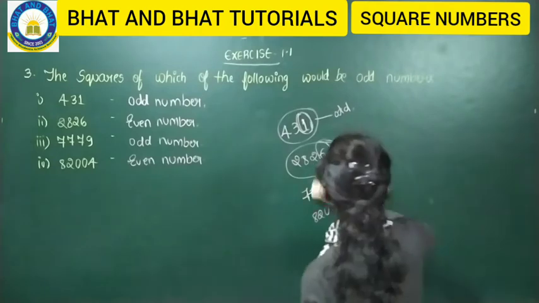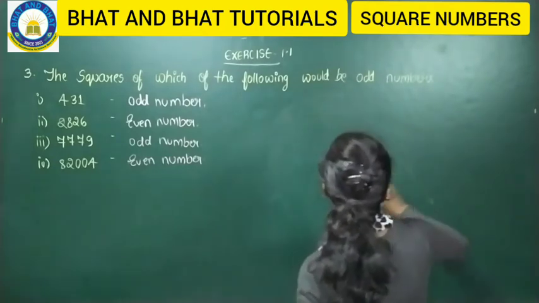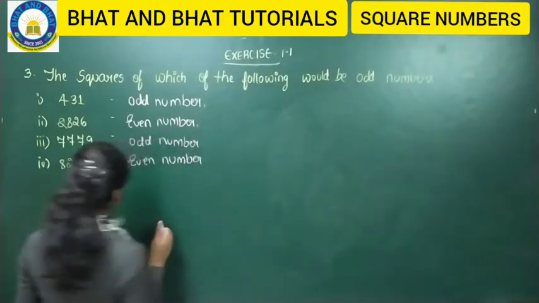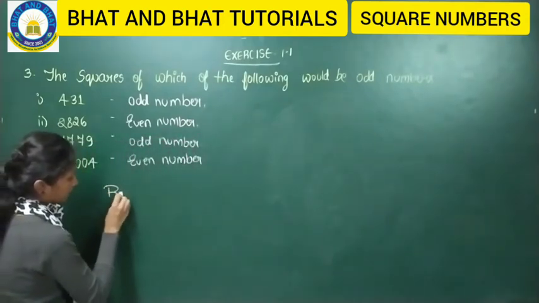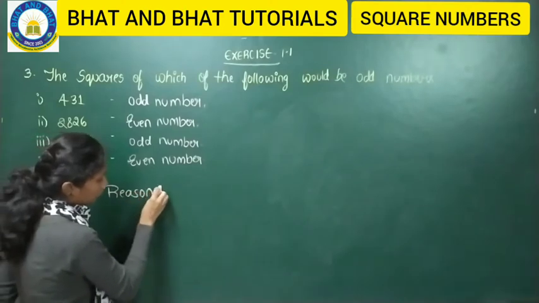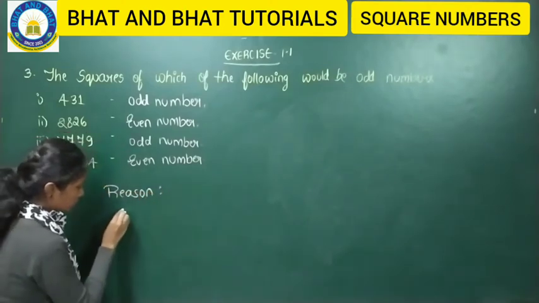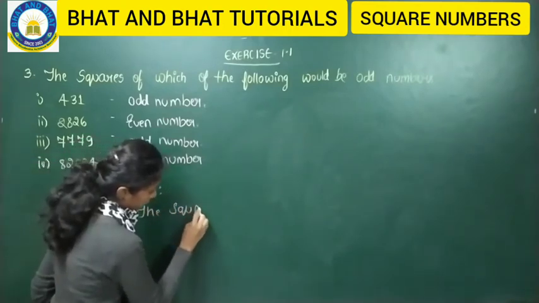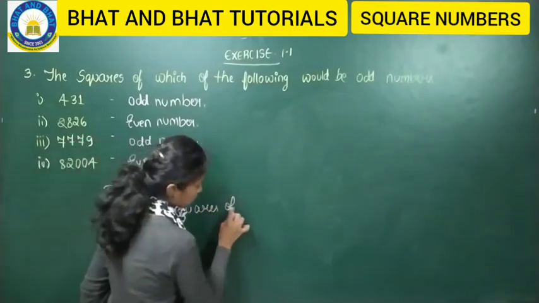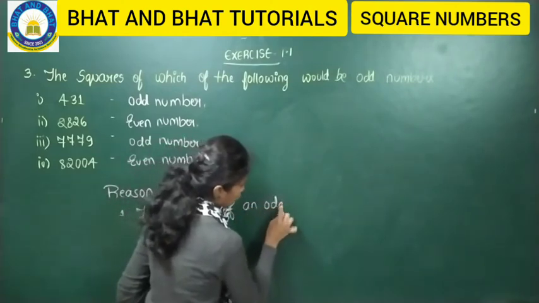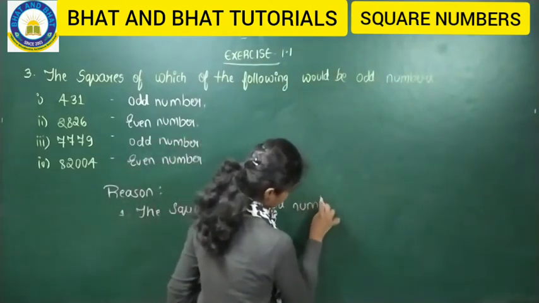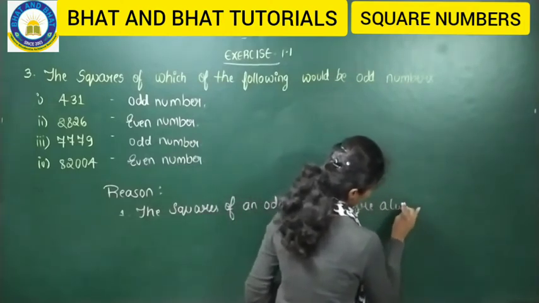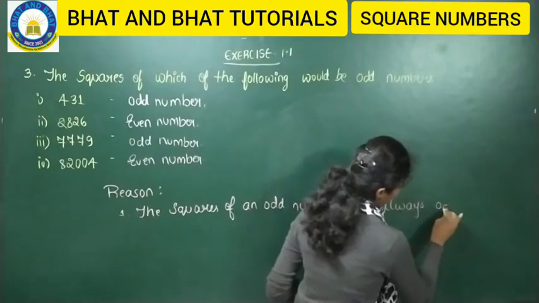Fine. So now, how will you conclude? Therefore, I'll just give you the reason just for your understanding, okay? Reason, first one: the squares of odd numbers are always odd.